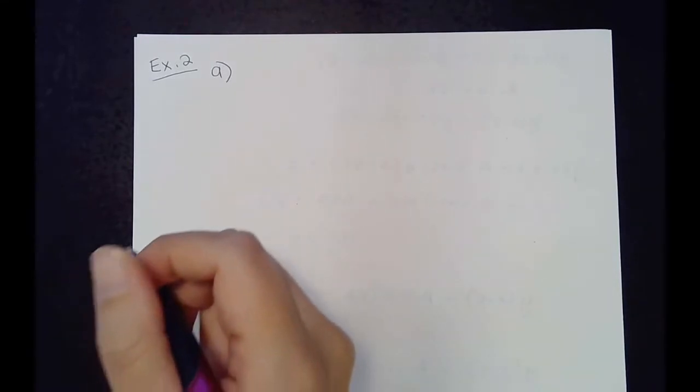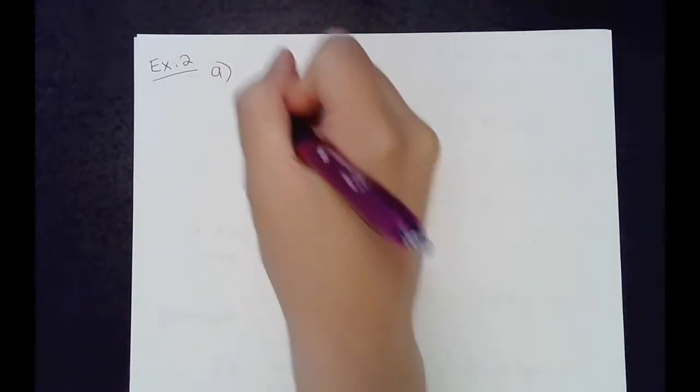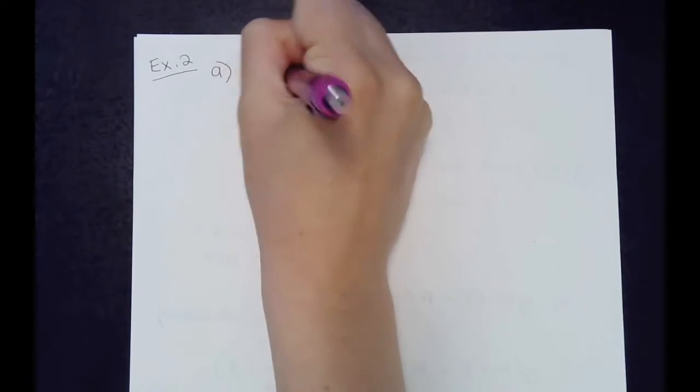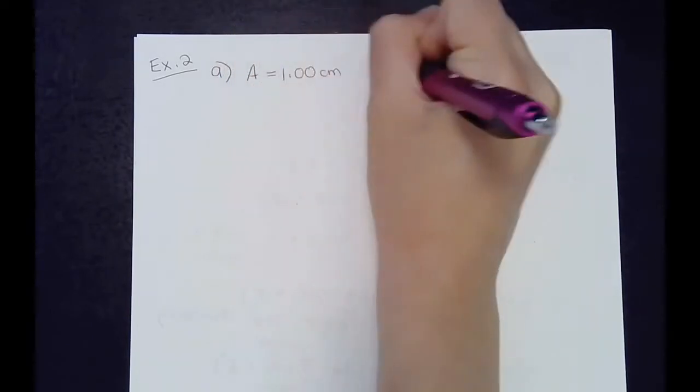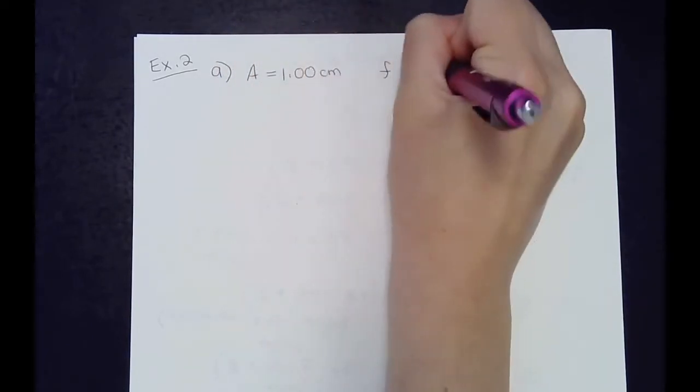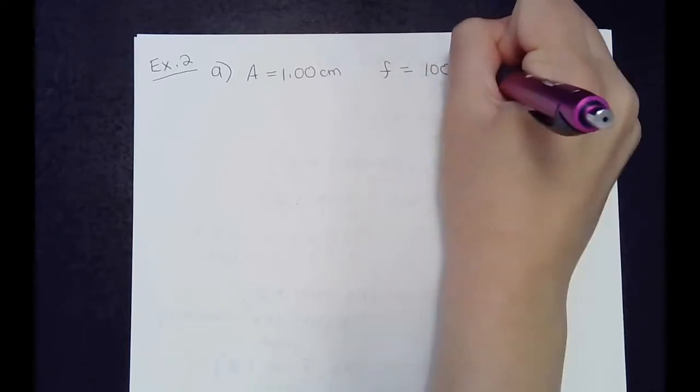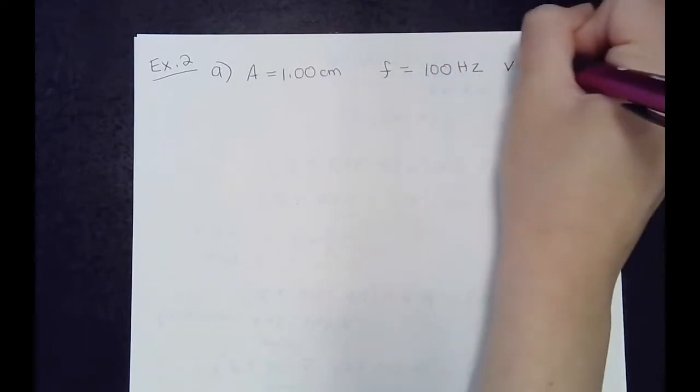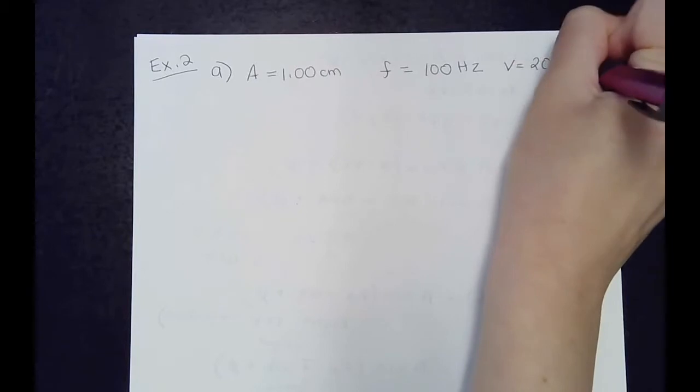Okay, so for part A, we're given a lot of this information. We're given that A equals 1 centimeter, and then the frequency is 100 hertz. We also have the wave speed is 200 meters per second.